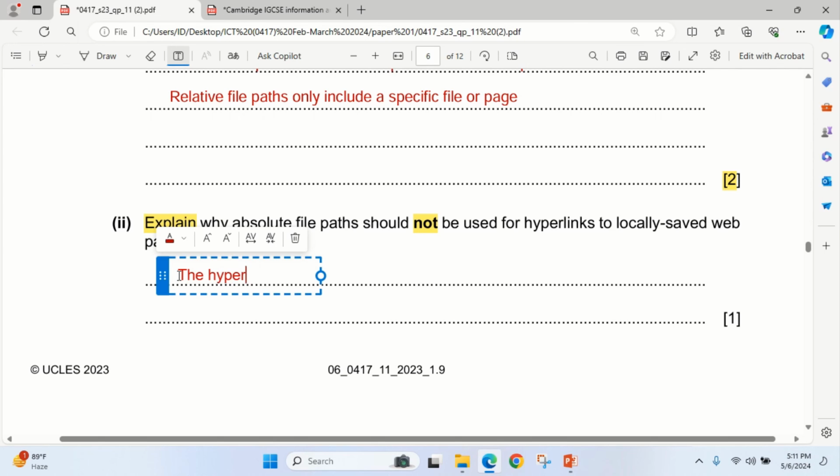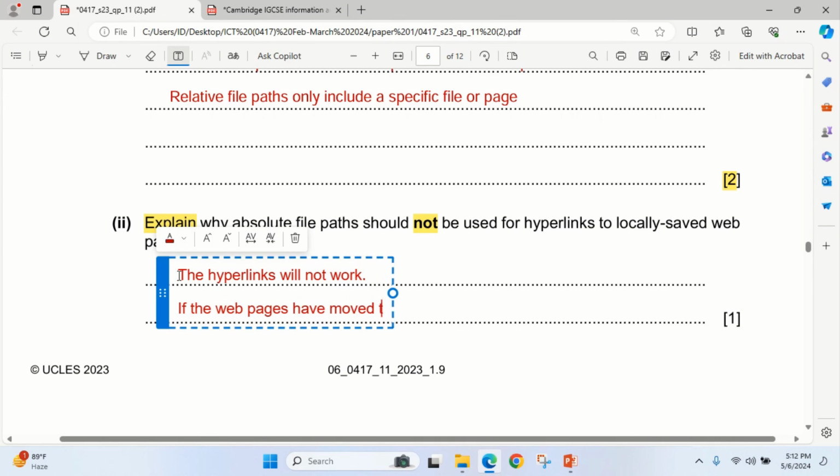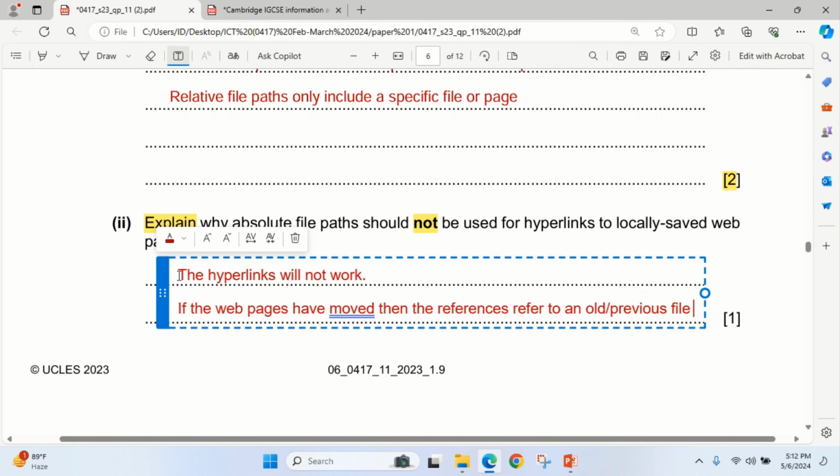When you click on it, the hyperlink will not work. Why? Because if the web pages have moved, then the references refer to an old or deleted file path. So take note of that.